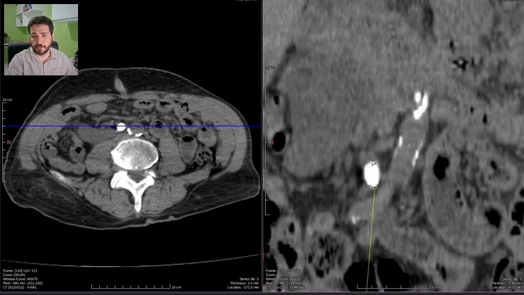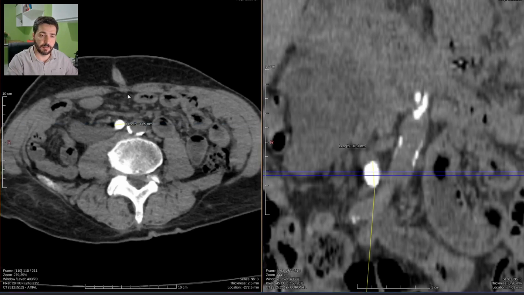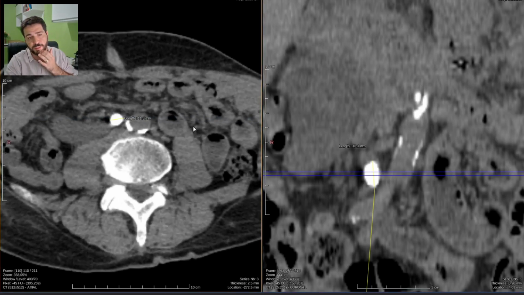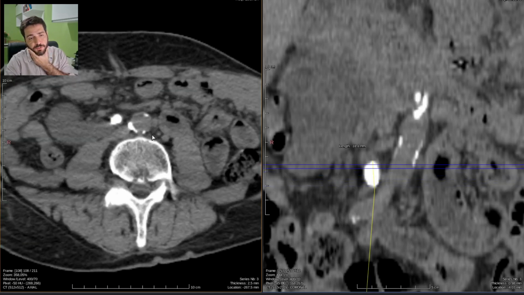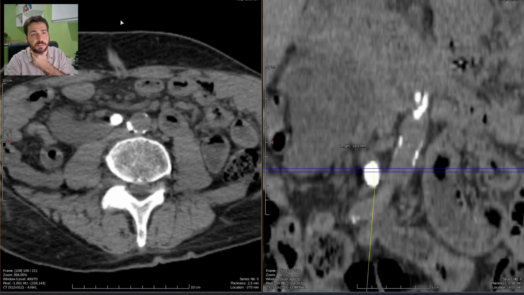It measures 1.9 by 1.8 centimeters by 1.1 centimeters, and we could measure its attenuation right here.